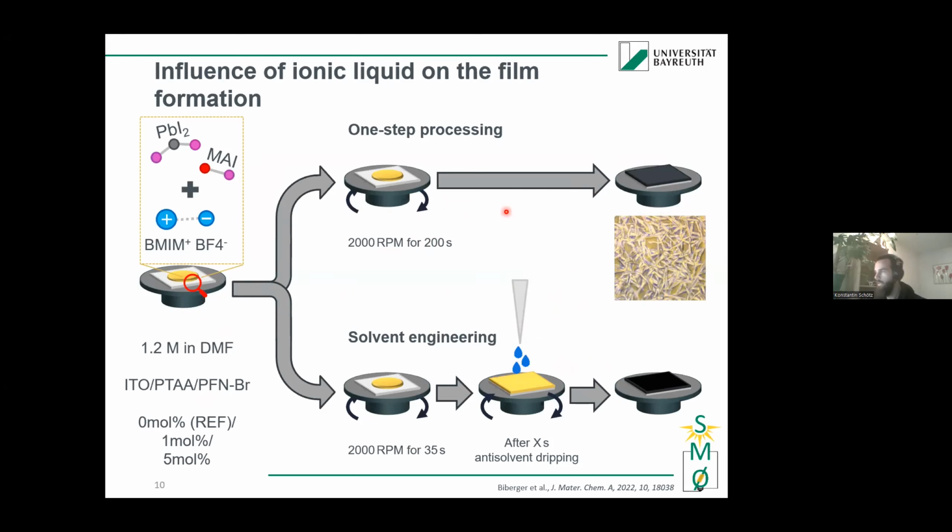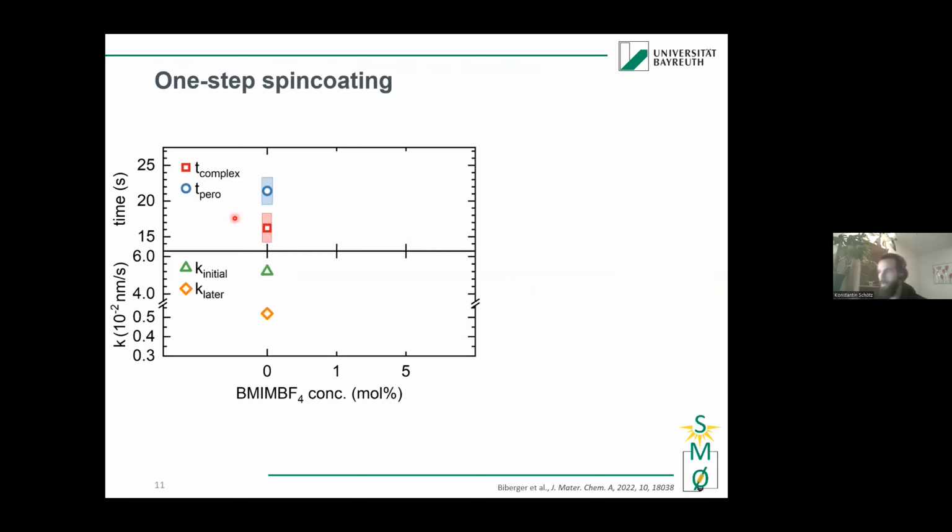So analyzing the data of this processing for the different ionic liquid contents, as I just have shown you with the example data, we can extract the time when this solvent complex phase forms, and also the time when the perovskite forms. And the width of these boxes is a measure for the time that it takes to form this crystal.